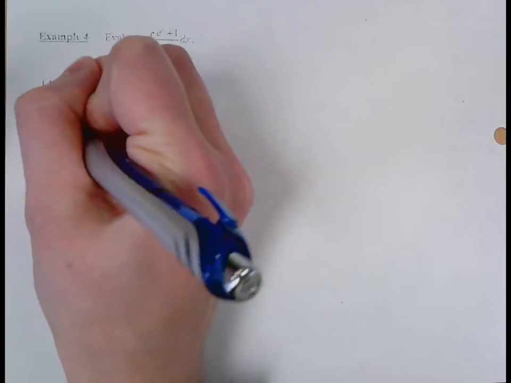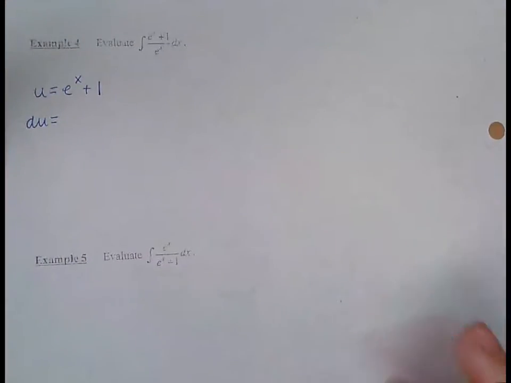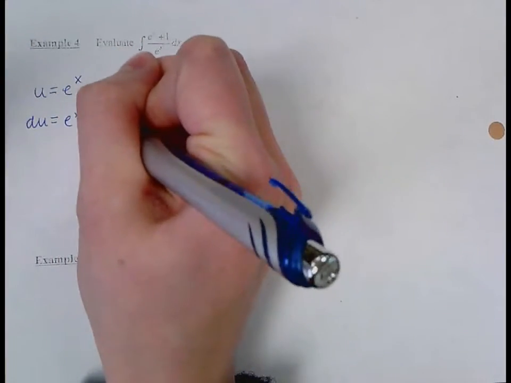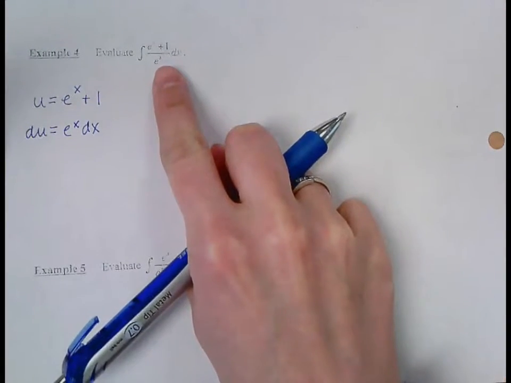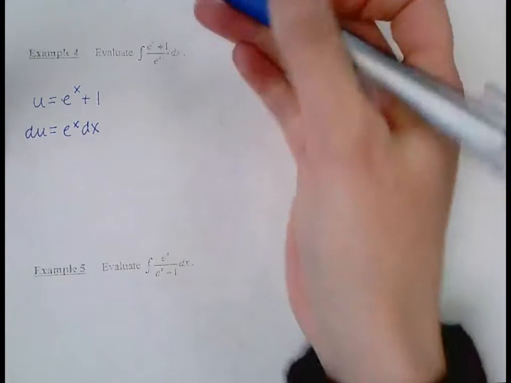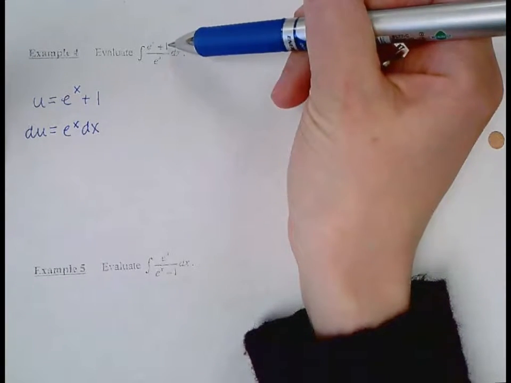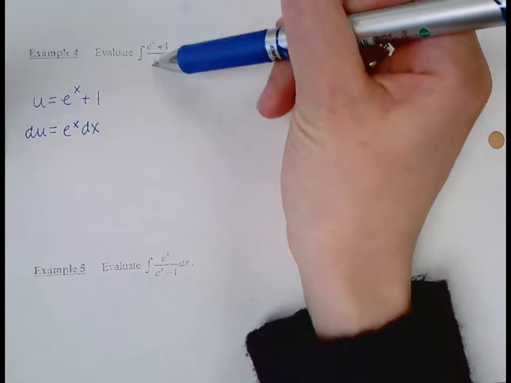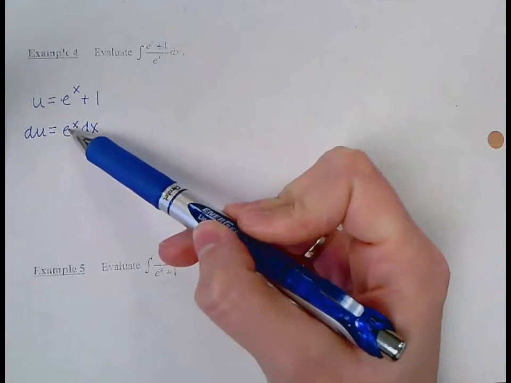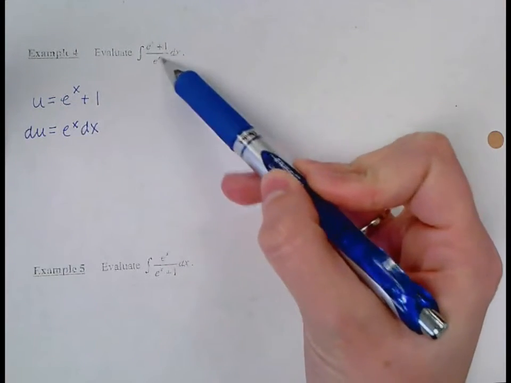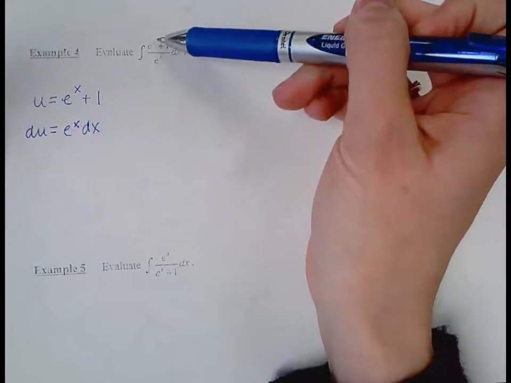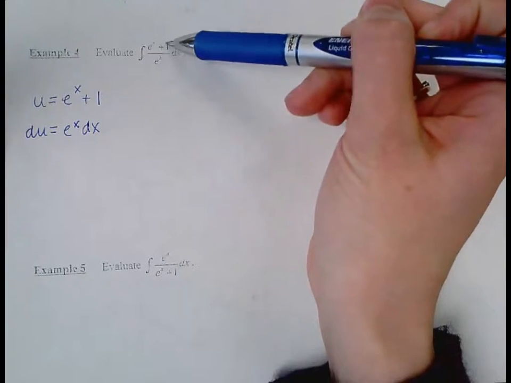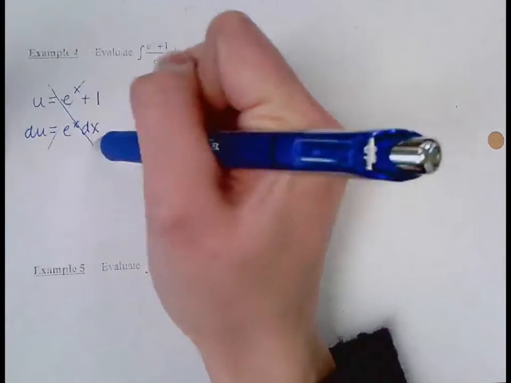So then what would du be? Just e to the x dx. Now, if I rewrote this, this is e to the x plus 1 times, this e to the x on the bottom is not the same as this one. This is really 1 over e to the x dx. So this substitution, choosing e to the x plus 1 as your u, does not work.